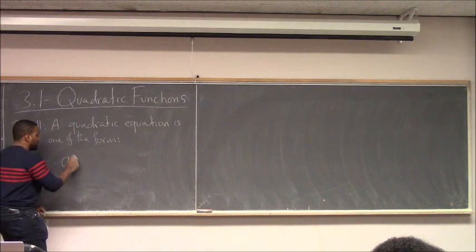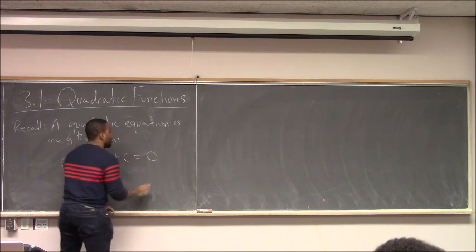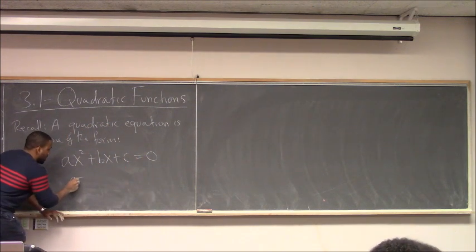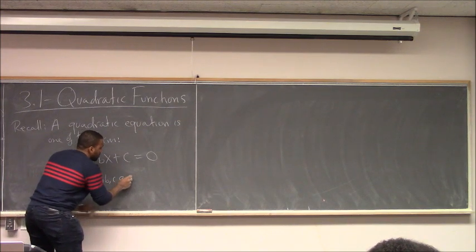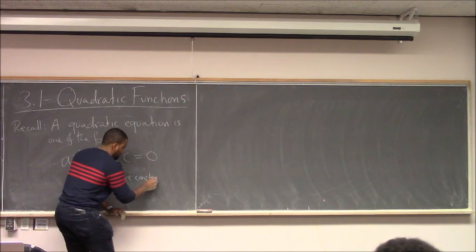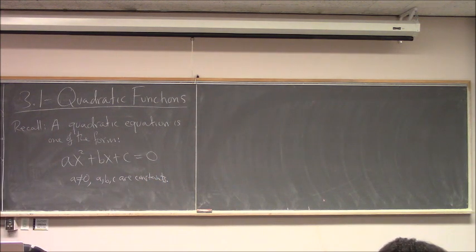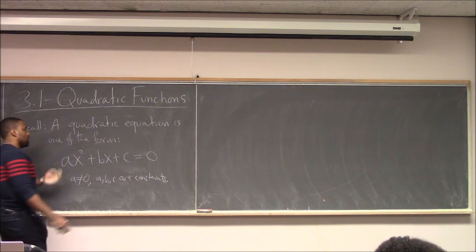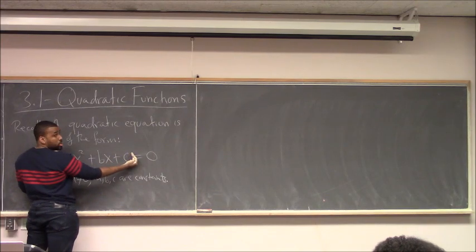It's an equation that looks like this: ax squared plus bx plus c equals 0, where your a is not equal to 0, and a, b, c are constants. A quadratic function arises when you don't only care about where this hits 0, you want all possible outputs of this kind of expression.